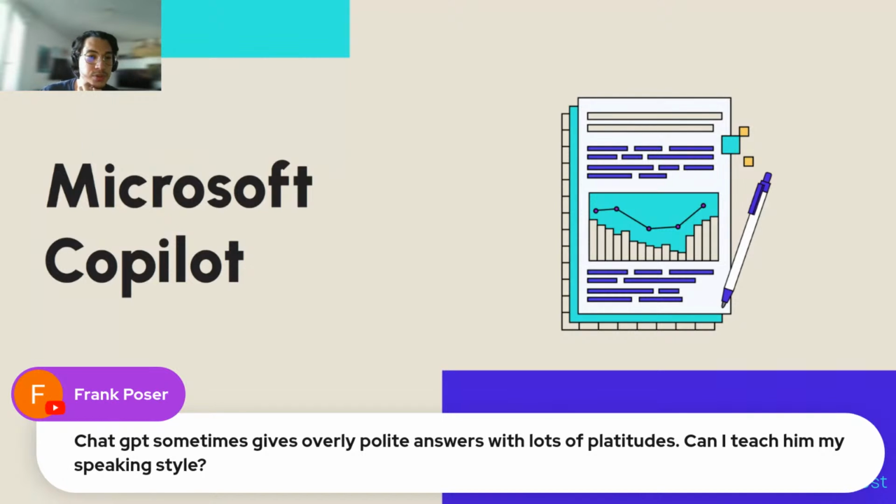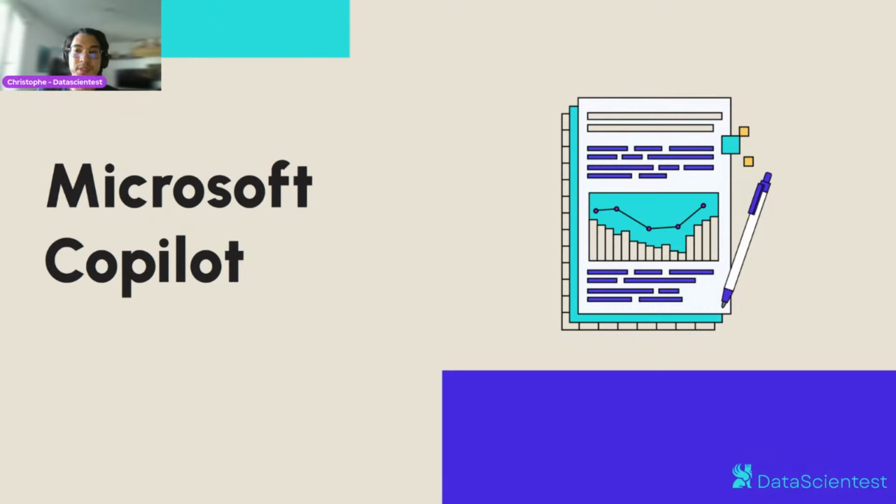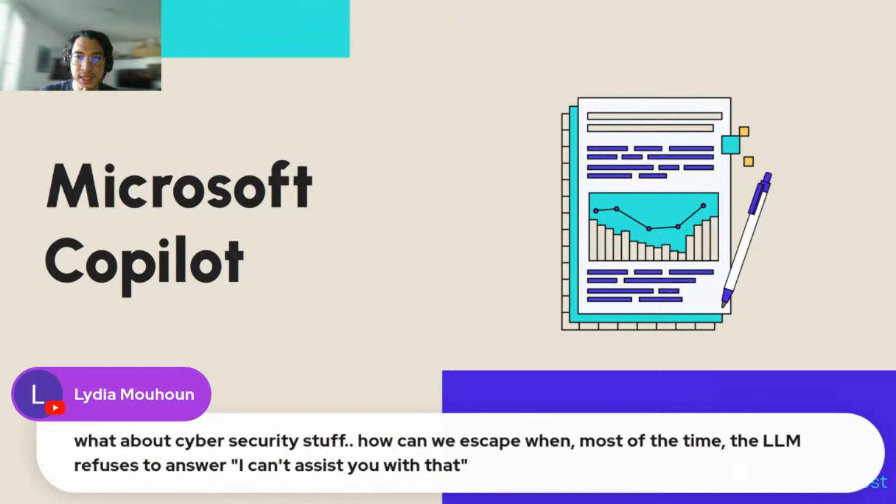Thanks. Pretty interesting. So it gives you a lot of polite answers and platitudes. Can you teach him to speak your style? Yes. Basically giving feedback and saying, no, please be more thorough, be more direct, stuff like this, will kind of work in this way. Well, that's the thing.